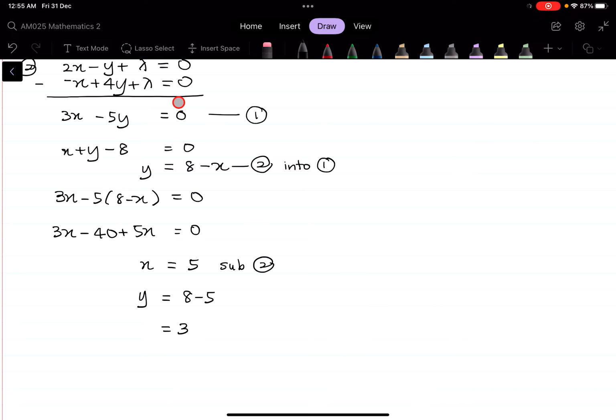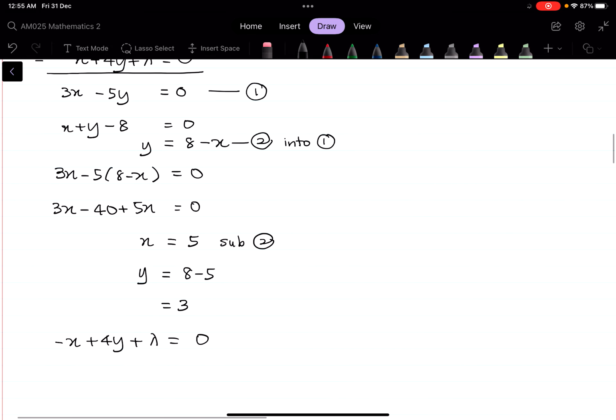Substituting x equals 5 and y equals 3, we have negative 5 plus 4 times 3 plus lambda equals 0, and my lambda will become negative 7.